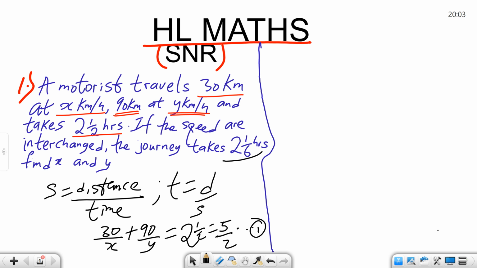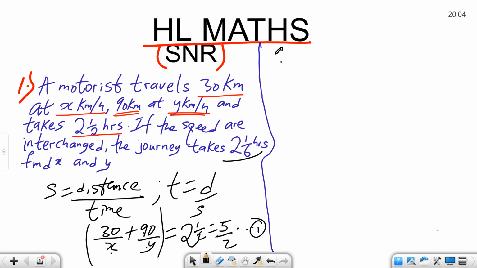So the question goes further to say, if the speeds are interchanged, we're going to work with this same expression but just interchange the speeds. The speeds are x and y, so we're going to give x to 90, then y to 30.